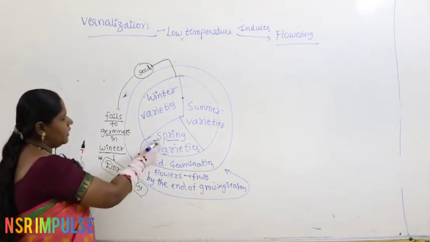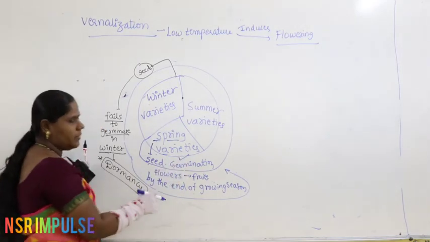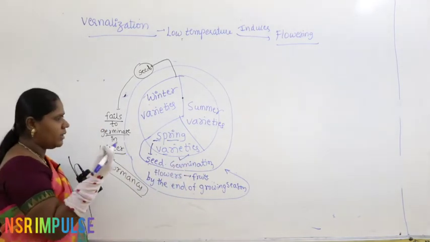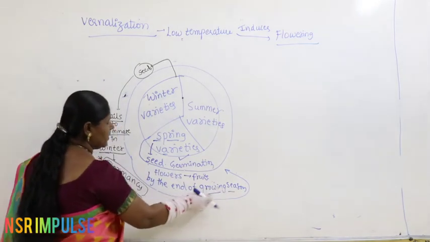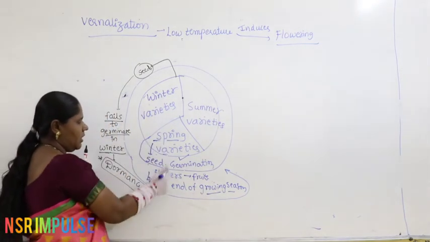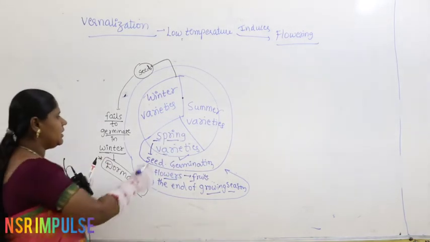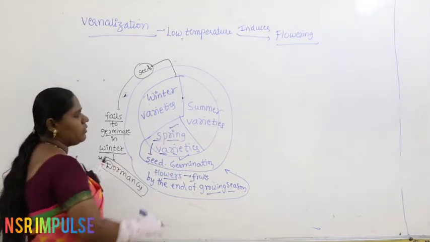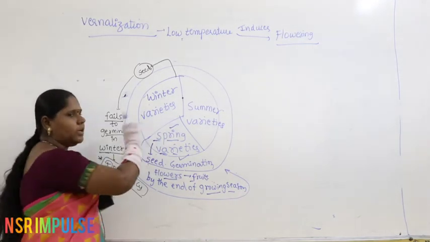Spring variety, if you place it in the soil, in spring season itself it will undergo germination. A young plantlet will come, wait until the next year. By the end of growing season, meaning by next year's spring season, happily flowers will come and you can take the fruits. That is what you find for a spring variety. Do you think the same thing happens for a winter variety?